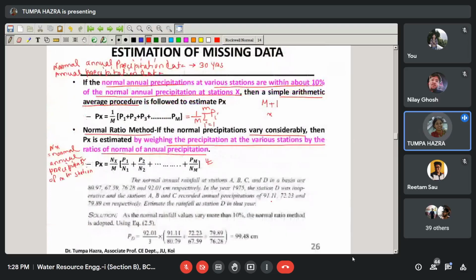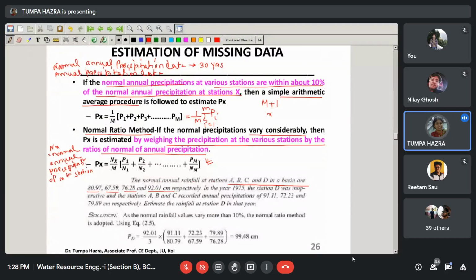Now for better understanding, let me show you one problem. The normal annual rainfall at stations A, B, C, D in a basin are 80.97, 67.59, 76.28 and 92.01 centimeter respectively.